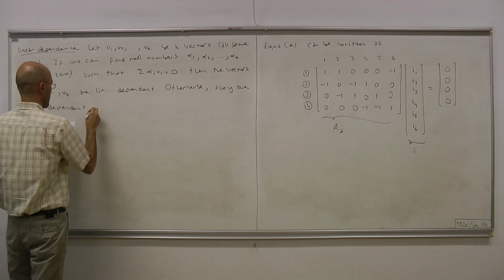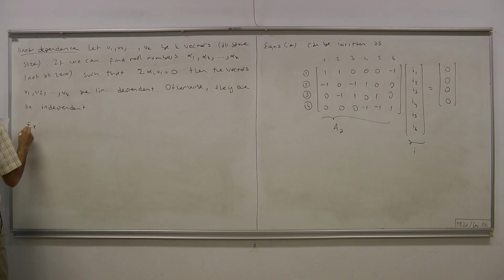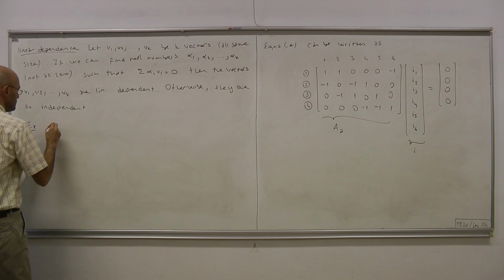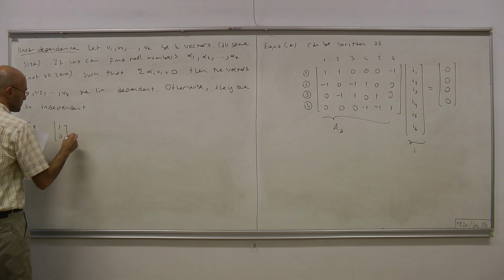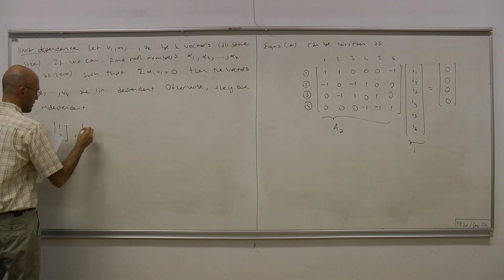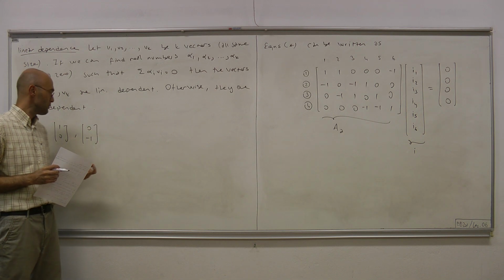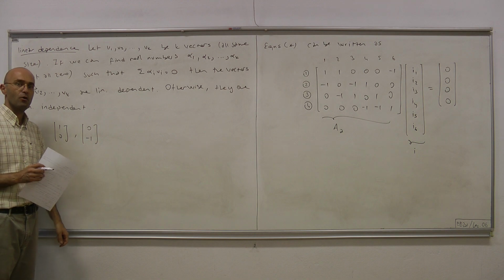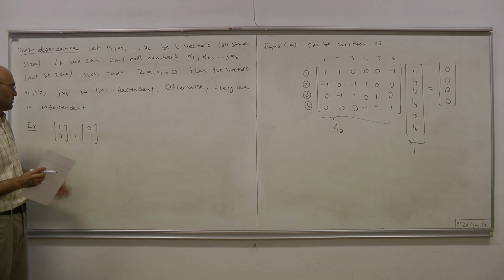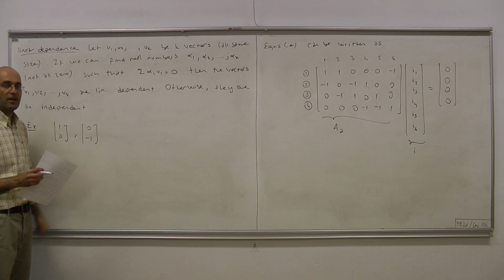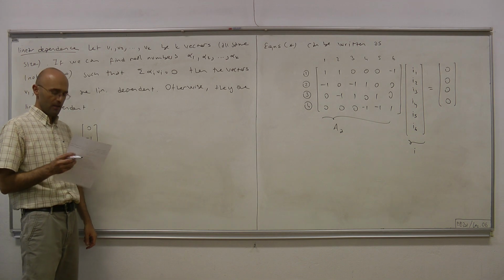Example. Consider this set of two vectors in R2. One is 1, 0, the other is 0, minus 1. It's obvious that these two vectors are linearly independent.